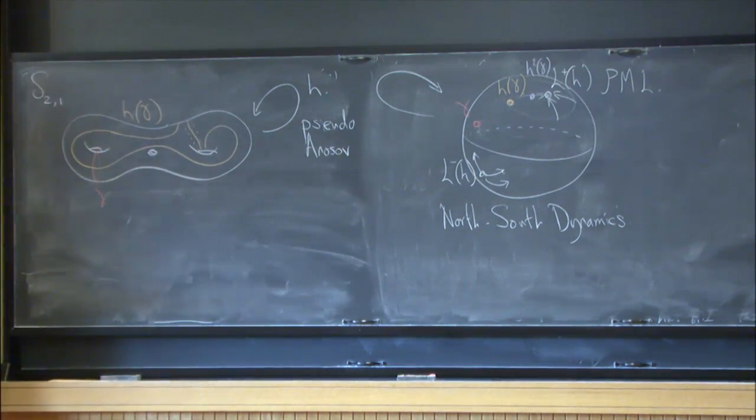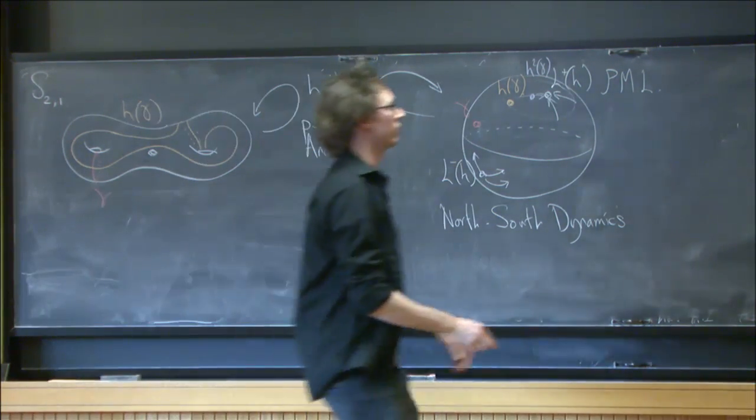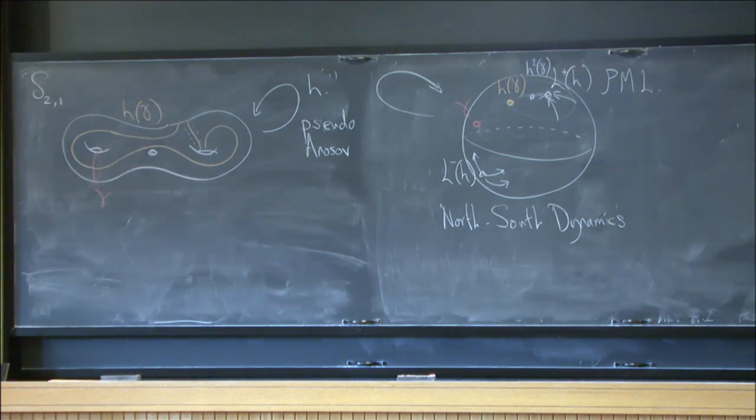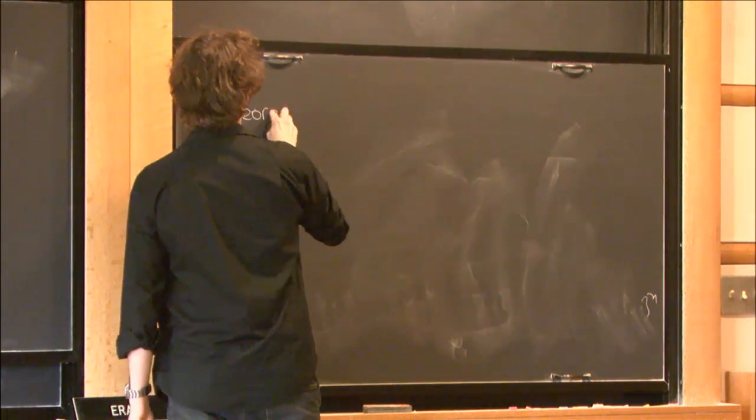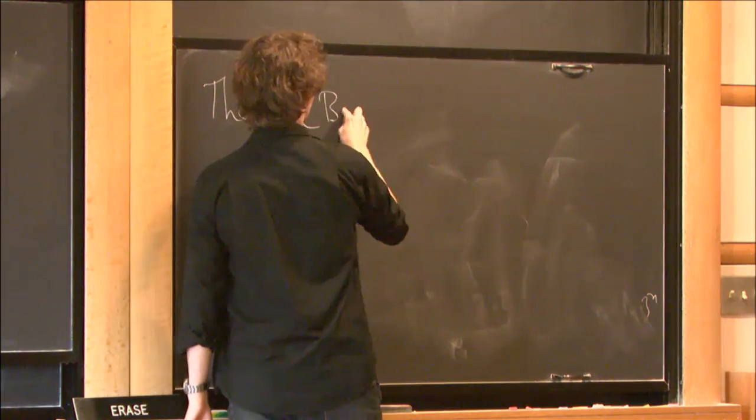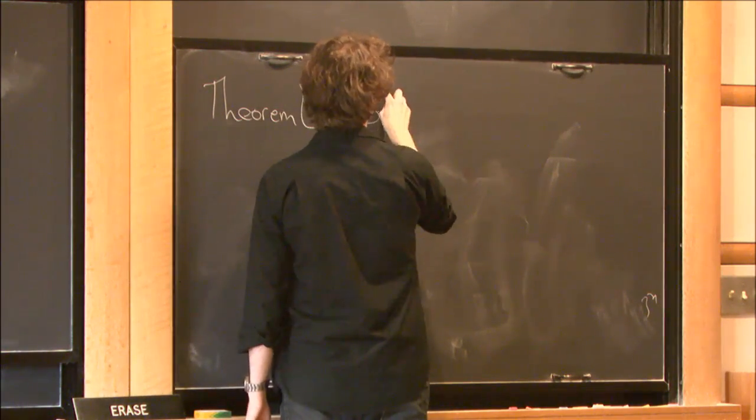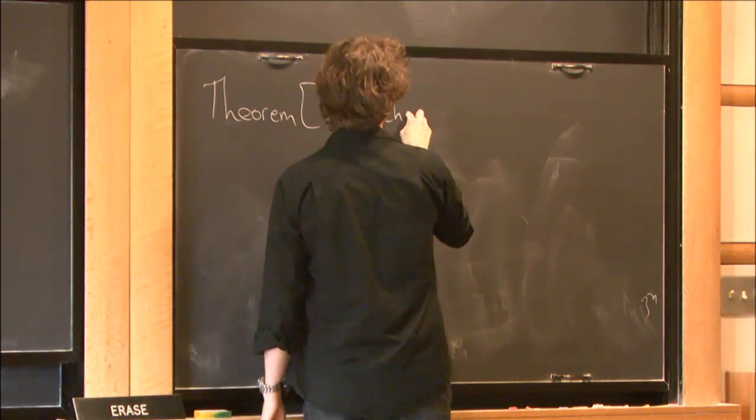Well, it's always true that you get a contraction, and so you always get this kind of exponential convergence. Unfortunately, this exponential convergence can be slow. So the theorem that I want to tell you about is due to myself and Saul Schleimer.